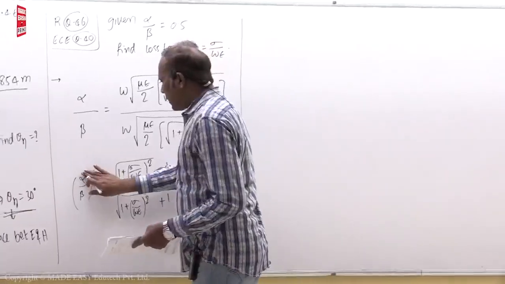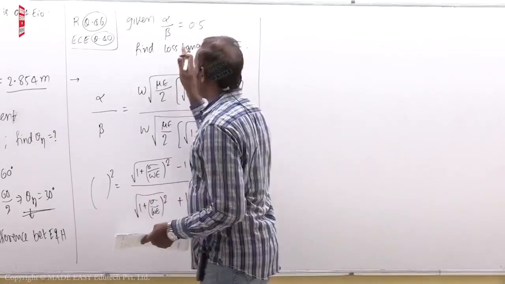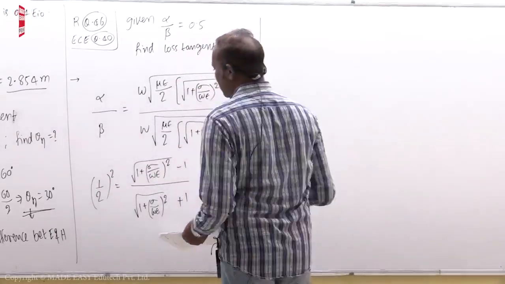Here alpha by beta is 1 by 2, so alpha by beta whole square is 1 by 2 square, so 1 by 4.